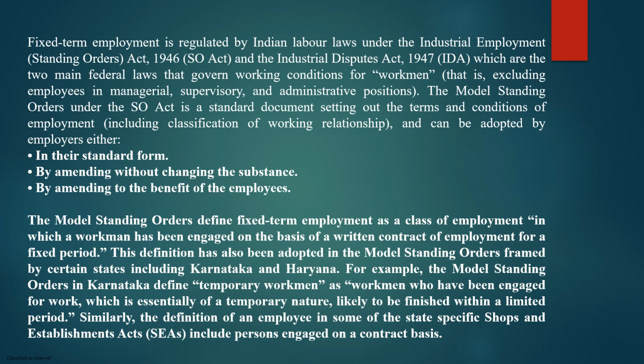The fixed term employment definition was adopted in the model standing orders framed by certain states, including Karnataka and Haryana. For example, the model standing order in Karnataka defines temporary workmen as workmen engaged for work which is essentially of a temporary nature, to be finished within a limited period under the Standing Order Act.